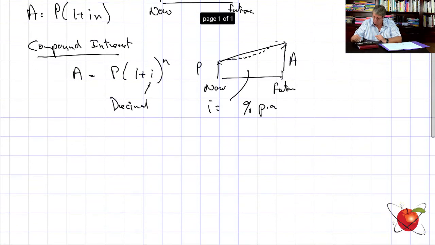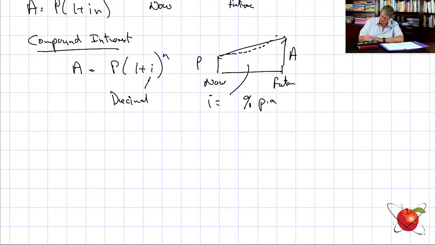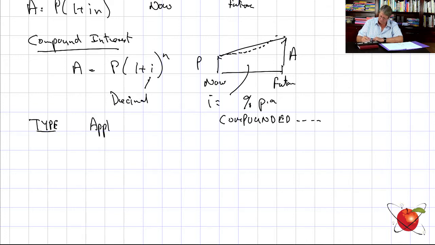Do you remember previously we looked at the type of compounding? Compounded, now I'm going to do the type, and I'm going to say, right, apply. And then I'm going to look at I. So the type was annually.